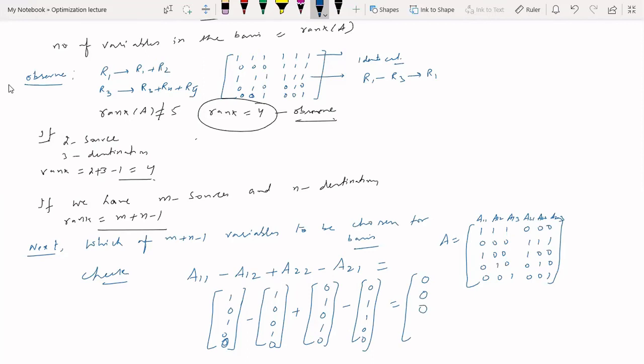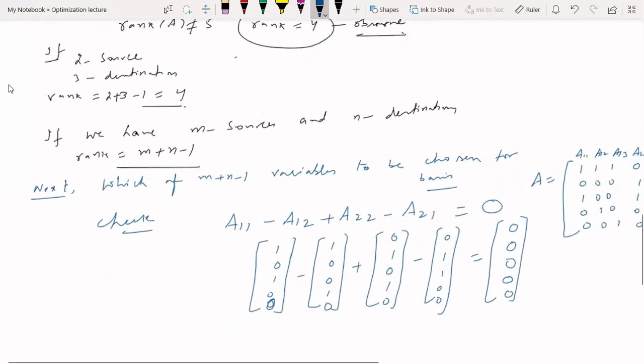For the fourth component, 0 minus 1 plus 1 minus 0, so minus 1 plus 1 is 0, and the last component is also 0. So what we have seen is that A11 minus A12 plus A22 minus A21 is a 0 vector. So what information does it give?